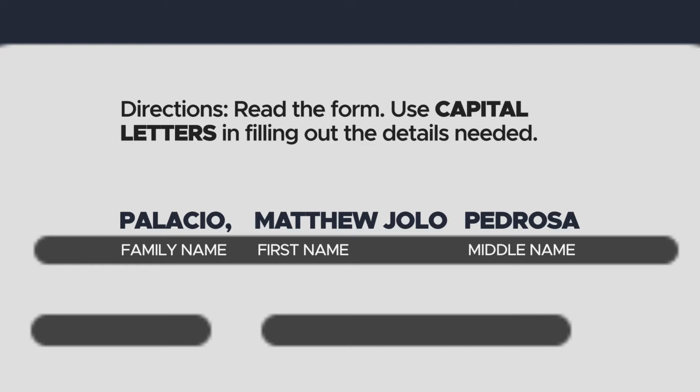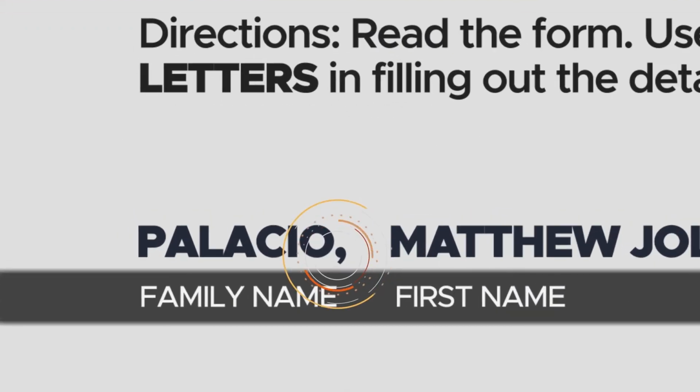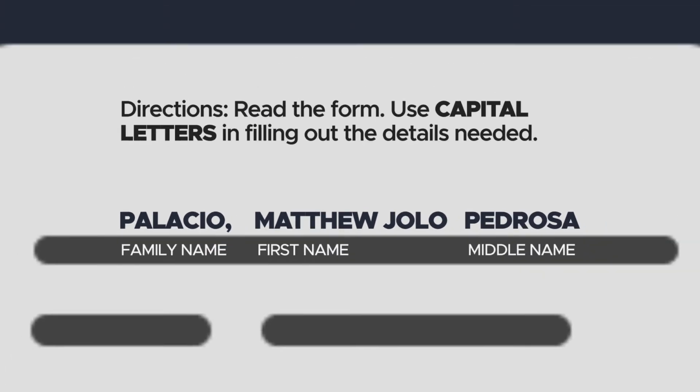In this school form, we can see that family name comes first, then the first name, followed by the middle name. As you can see, we are using comma after the family name.